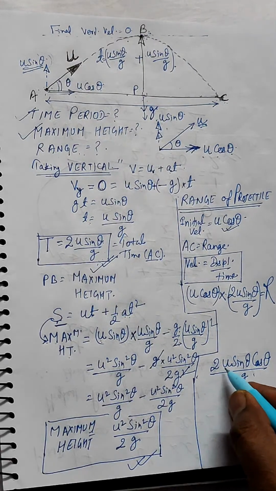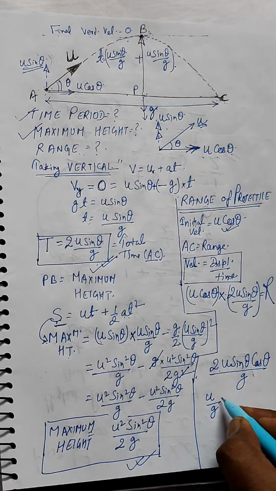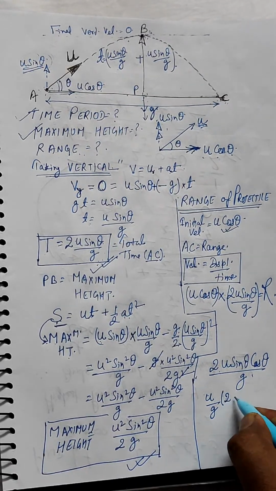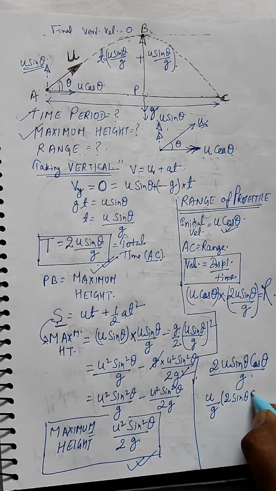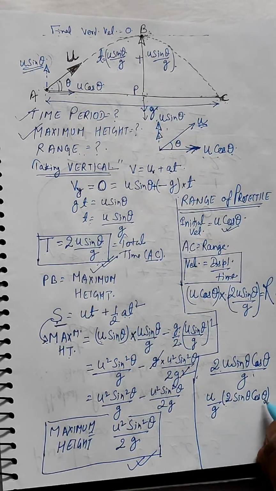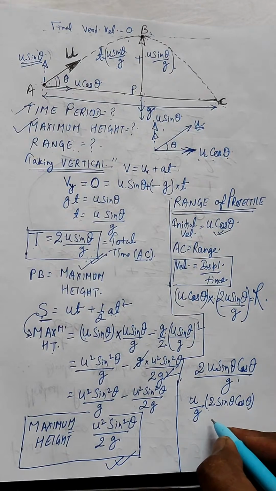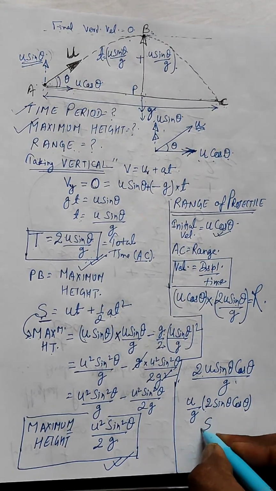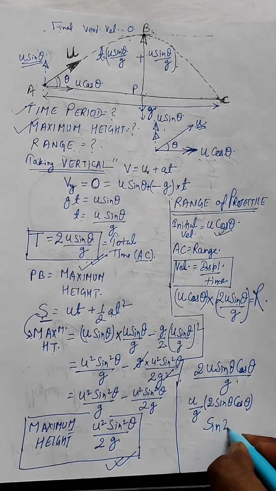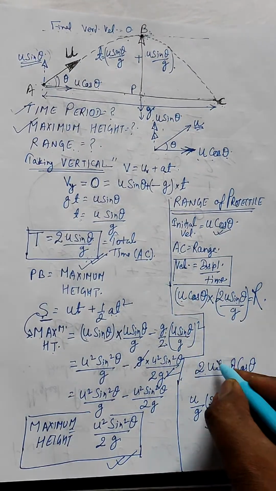So basically when you bring u by g as common outside of this bracket, inside the bracket we can write 2 sin theta cos theta. And you know the formula, 2 sin theta cos theta is basically sin 2 theta, right? Here u cos theta and 2u are there, so it will be u².